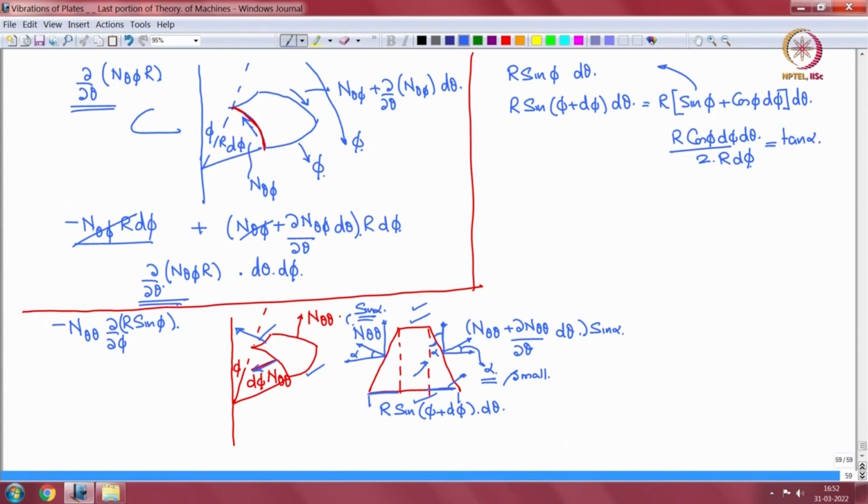Is that okay? If I cancel out, tan alpha is equal to cos phi d theta by 2. For small values of alpha, tan alpha is equal to sine alpha is equal to alpha.